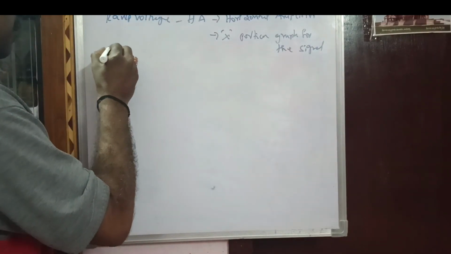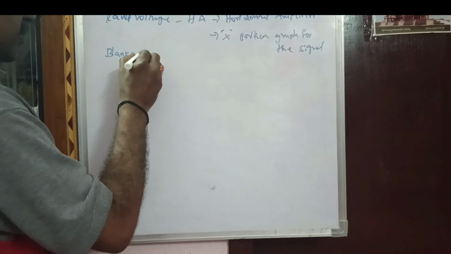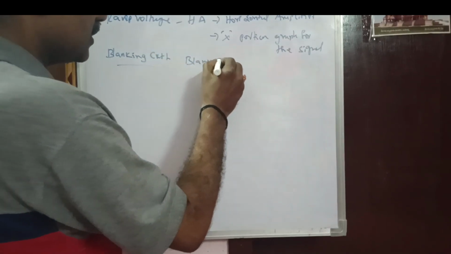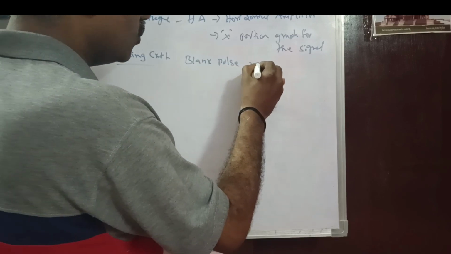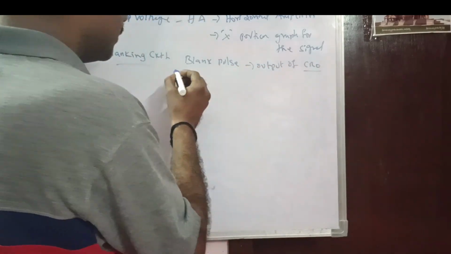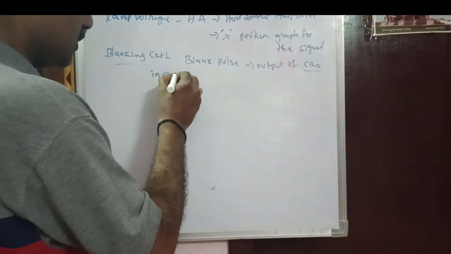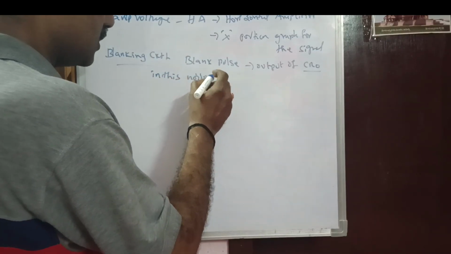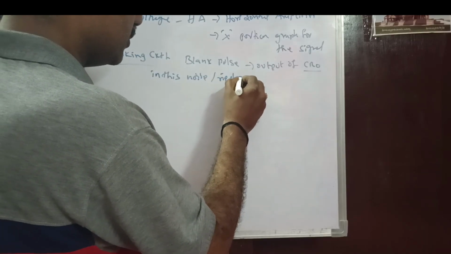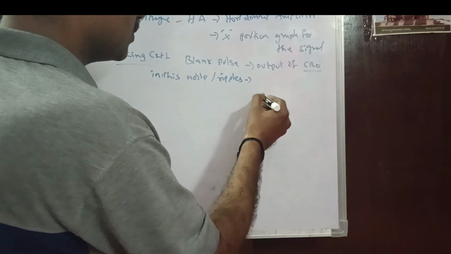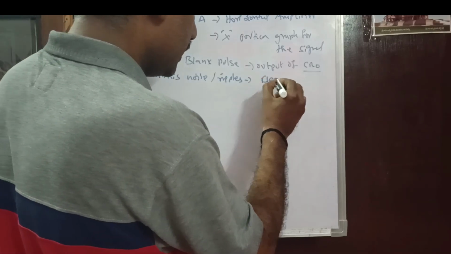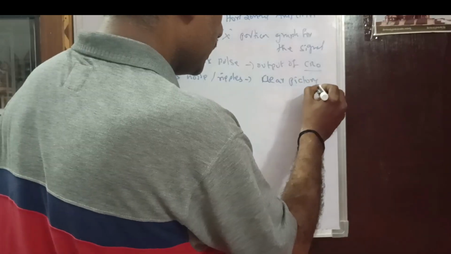Another one is the blanking circuit, nothing but it is used to provide blank pulses so that in the output of the CRO the noise or ripples are reduced, so that we can obtain a clear picture in TVs.